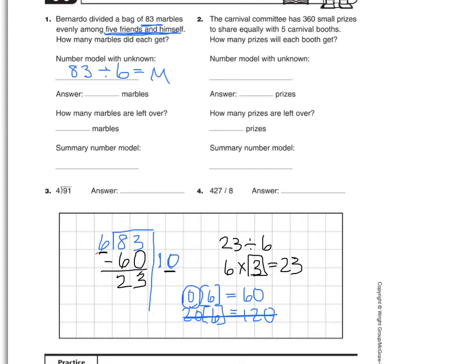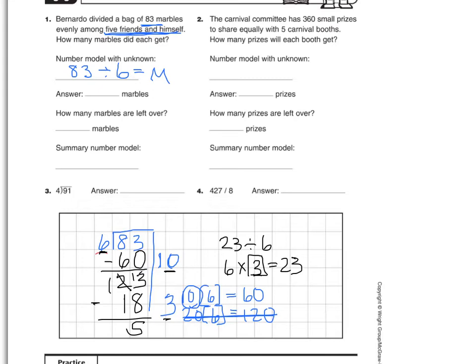So we would add 3 marbles to each boy, meaning if we give 3 marbles to each boy, which is 6 boys, we'd need 18 marbles. We're going to subtract to see how many marbles are left. When we do that, we see that we need to do an exchange in the ones place. 13 subtract 8, we get 5. Because there's 5, there's not enough to give every boy another marble.